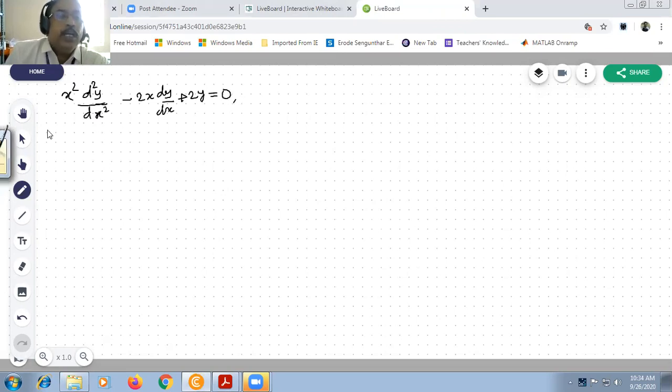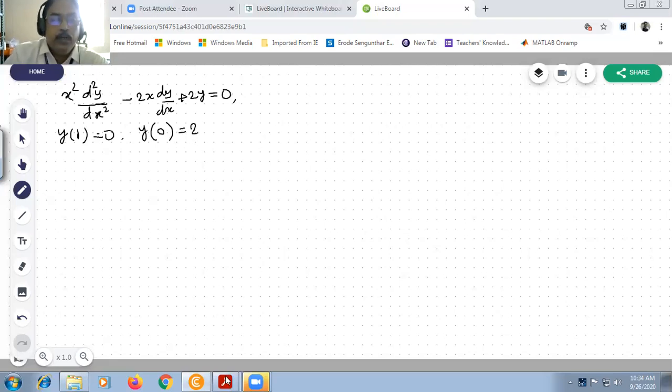We shall have the initial conditions, y of 1 is equal to 0, and y of 2 is equal to 2.